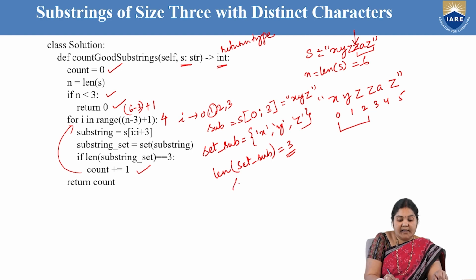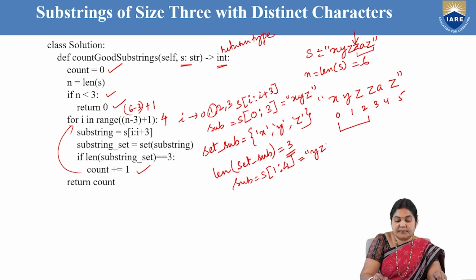Next time, i becomes 1. So, again find the substring S of 1 colon 4. It is S of i to i plus 3 always. So when i becomes 1, i plus 3 is 4. So what is the substring? It is YZZ. Convert this into a set.